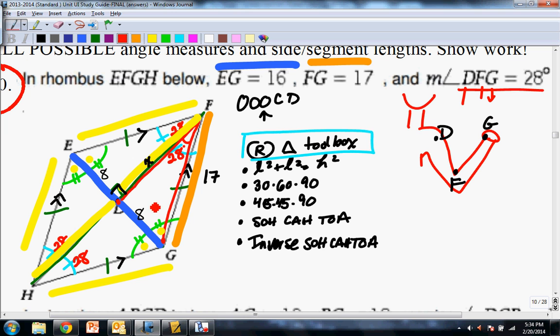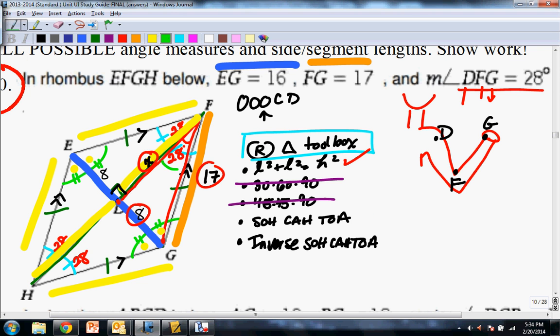So let's see things we could or couldn't use here. To get X, we have two sides and we need a third side. So we could use the Pythagorean Theorem. We can't use 30, 60, 90 or 45, 45, 90 because those are not the angles we have going on here.